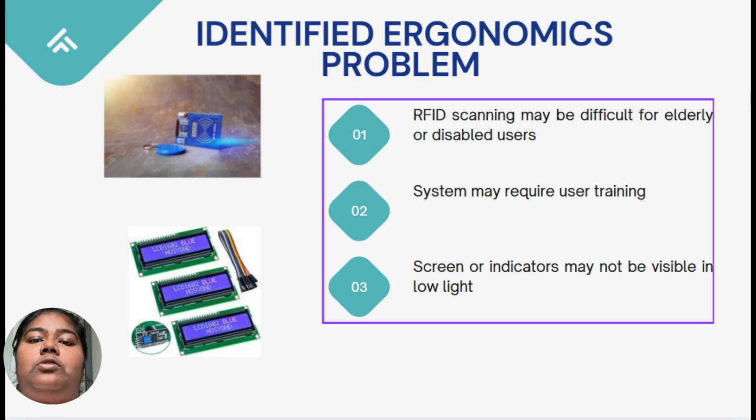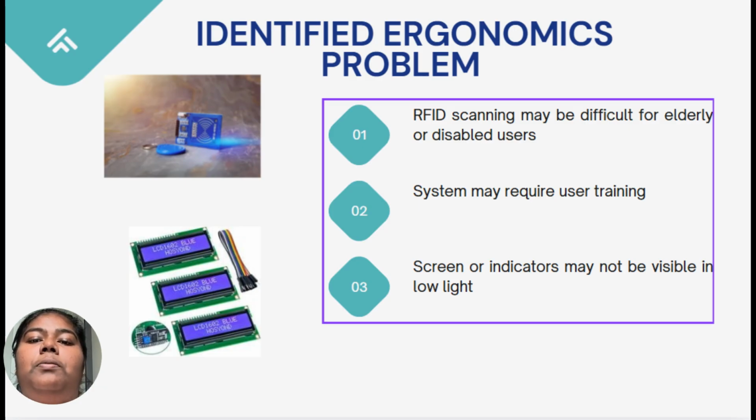Third, the screen or indicators may not be visible in low light environments. If the system is placed in areas with poor lighting, users may struggle to read the display or see system feedback clearly. This can reduce usability and may increase the risk of incorrect operation.